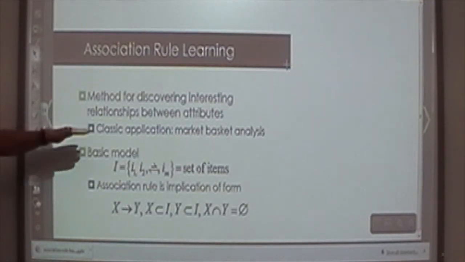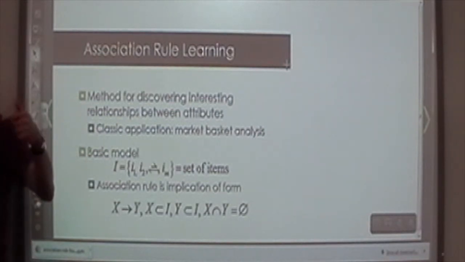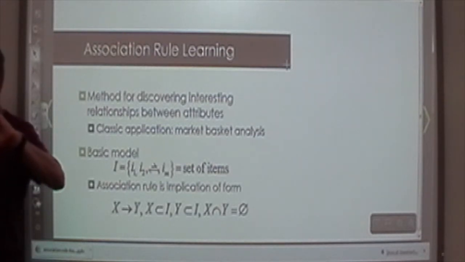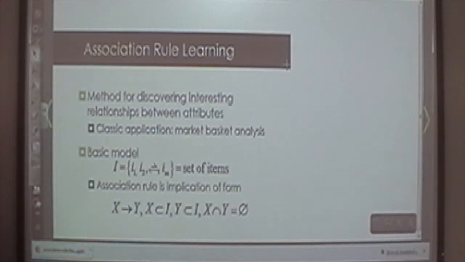The classic application we're going to discuss, and we're not going to get through the whole algorithm, the first algorithm we're going to talk about, and maybe it's the only algorithm we'll talk about with association rule learning today, but we'll get started on it.